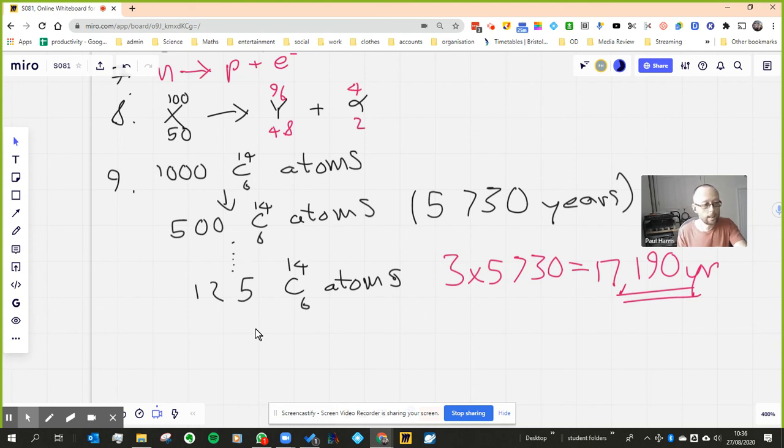So when I say how long will it take to get to 125, we need to work out how many times it will halve. It went from 1,000 to 500, then to 250, and then to 125. So it actually halved 3 times. Because of that, it's going to have 3 half-lives. And so to work that out, we just multiply the half-life by 3, and we get 17,190. That's how long it would take there. Okay.